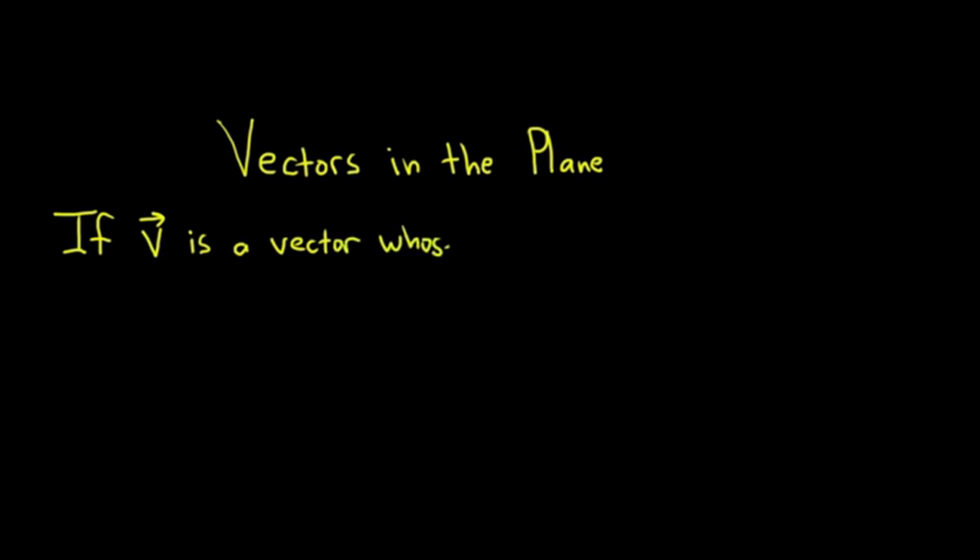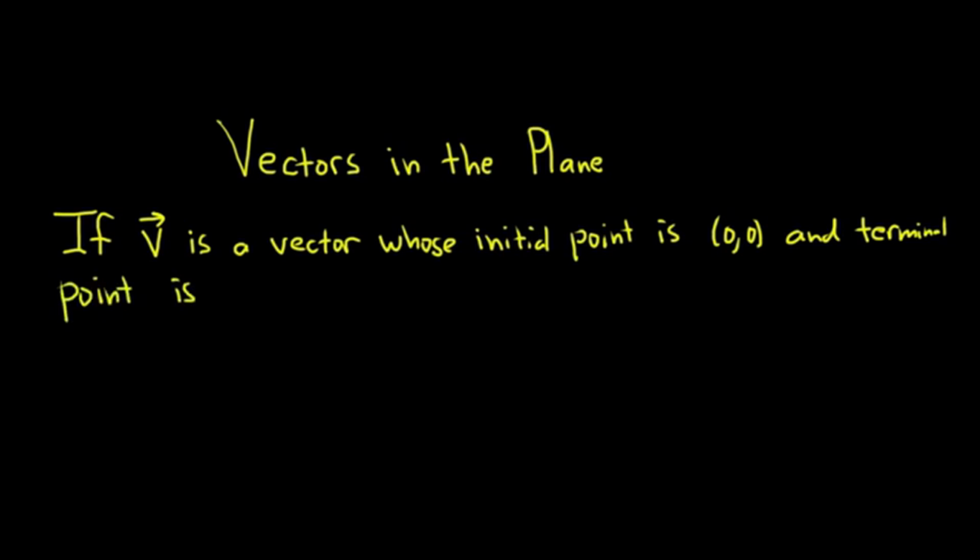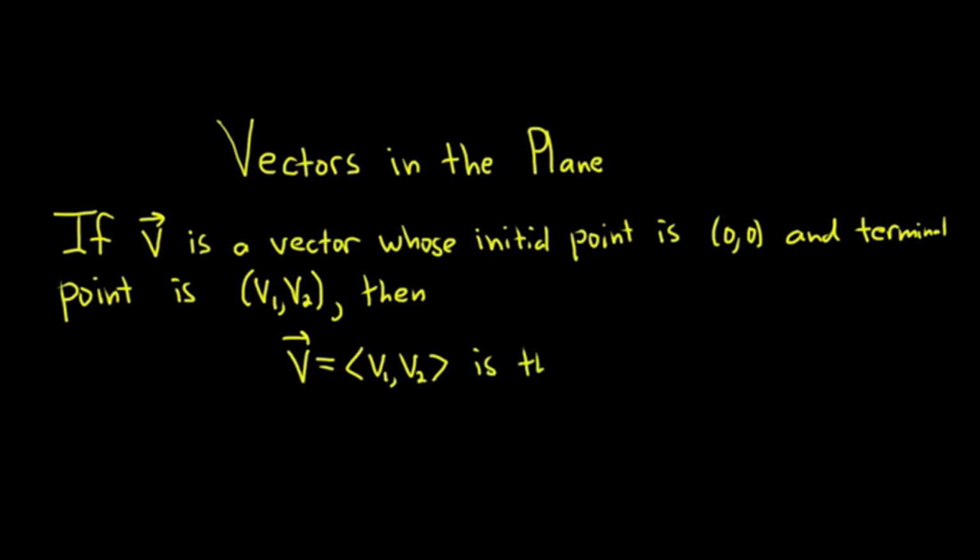whose initial point is 0, 0, so the origin, and terminal point is, say, (v1, v2), then we say that v given by ⟨v1, v2⟩ is the component form of the vector v.